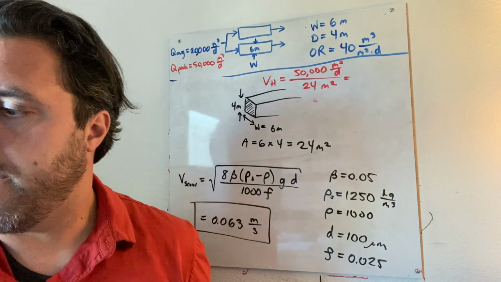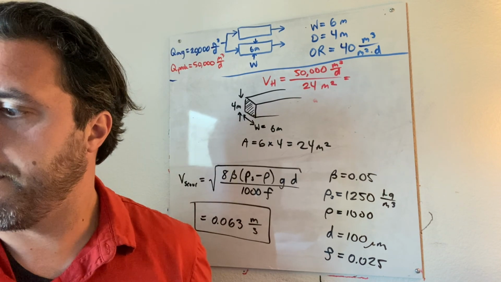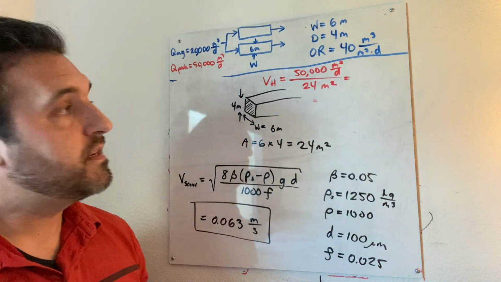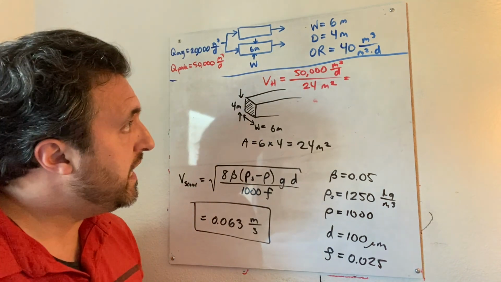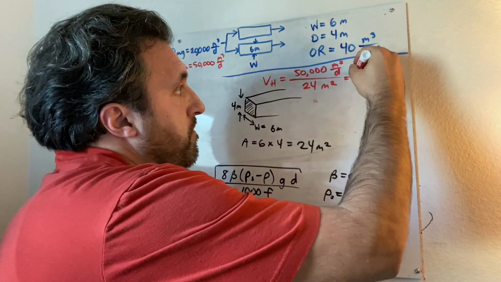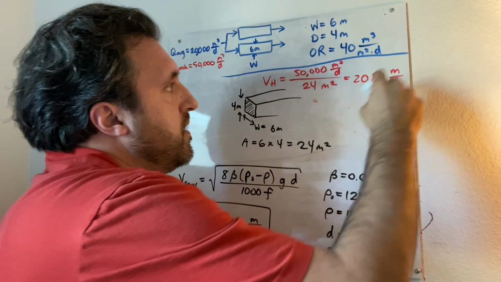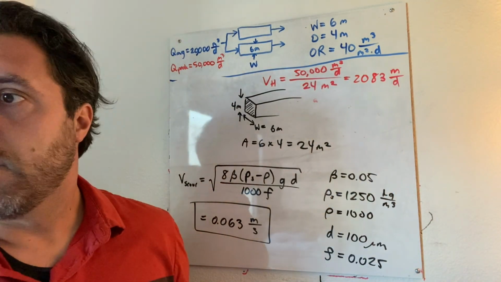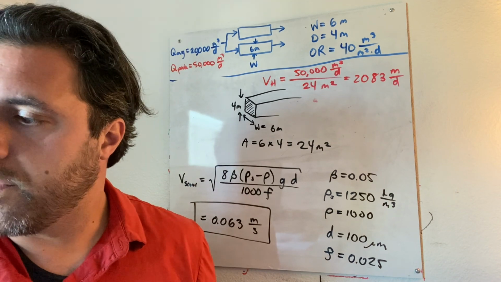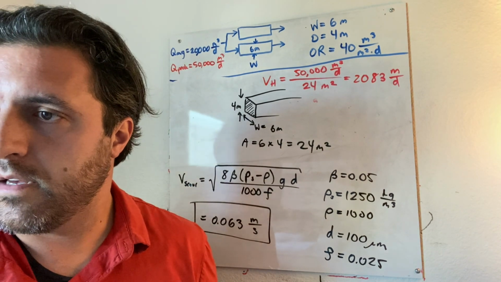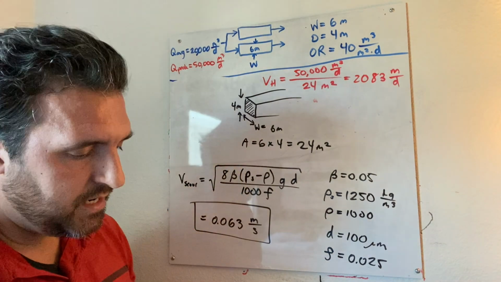If we calculate that, it's going to give us 2,083 meters per day. All right, so divided by 24, divided by 60, divided by 60 gives us meters per second.